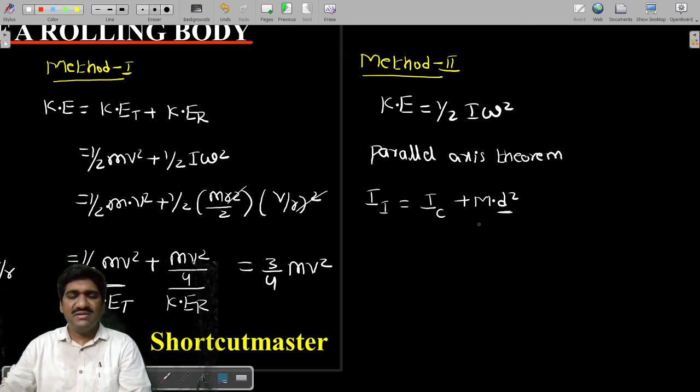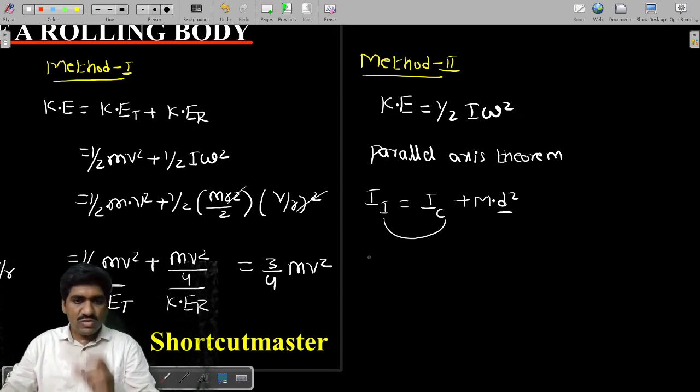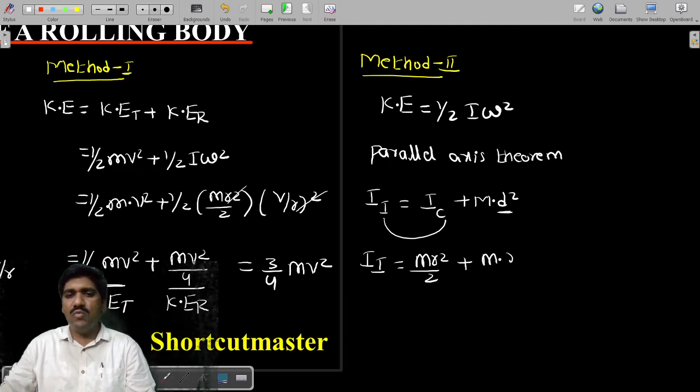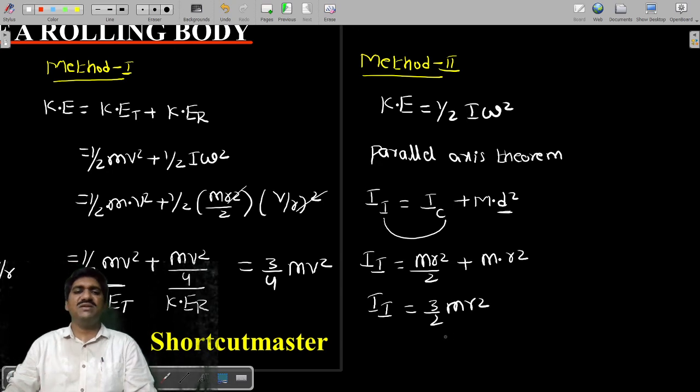Distance d stands for the perpendicular distance between I and C. The value of I about the centroid axis is m r square by 2, plus m multiplied by r square. Therefore the value of I with respect to point I is 3 by 2 m r square.